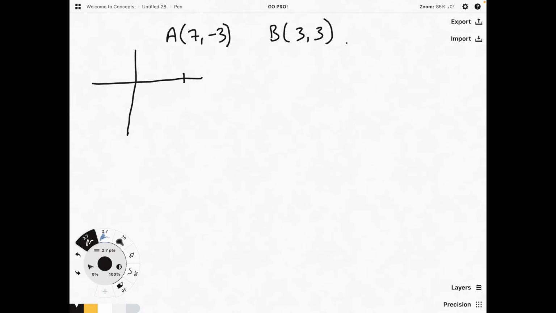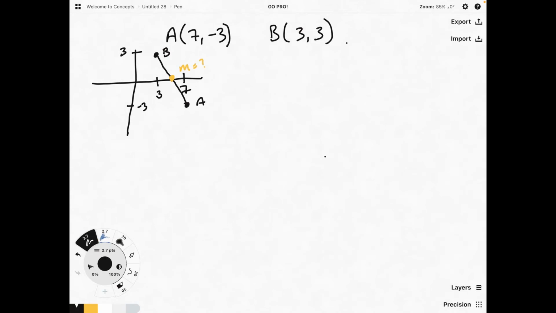We can go over 7 and down 3 to give us our first point of A, and then we can go over 3 and up 3 to give us B. And then the question is, what is the midpoint between these 2 points?